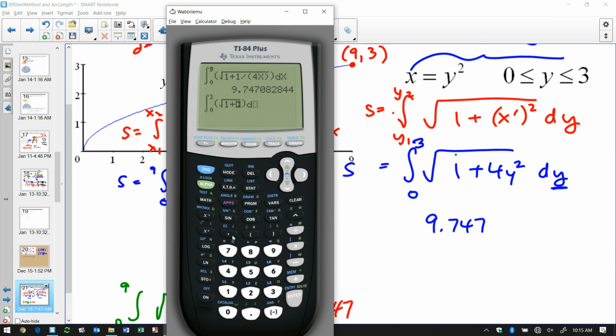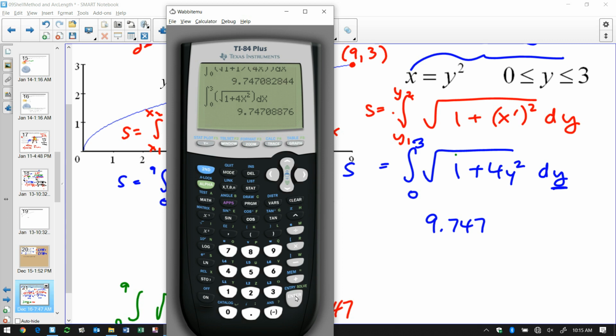So I'll just call this an x. My calculator doesn't know the difference. 4x squared. Oops, that wasn't what I wanted. I need that to be a 2. And this would be an x. Press enter.